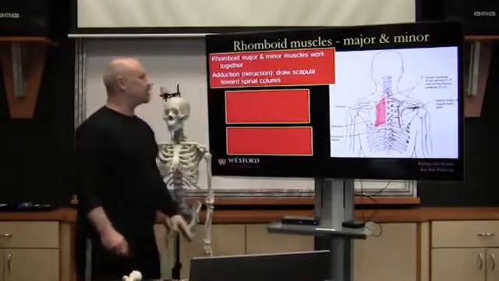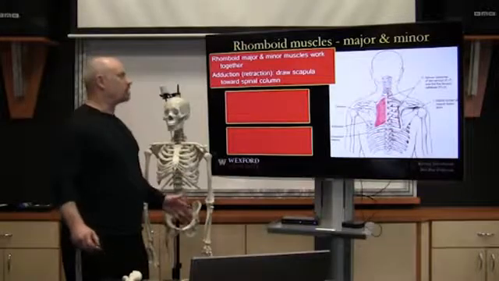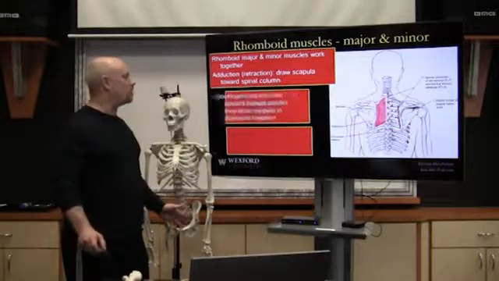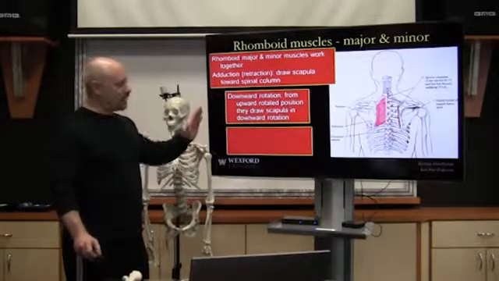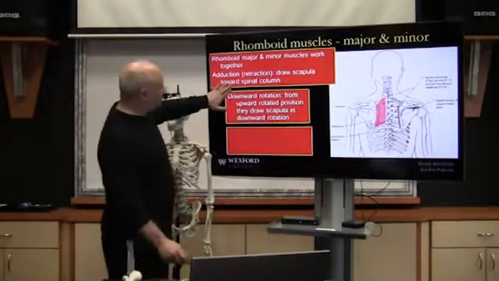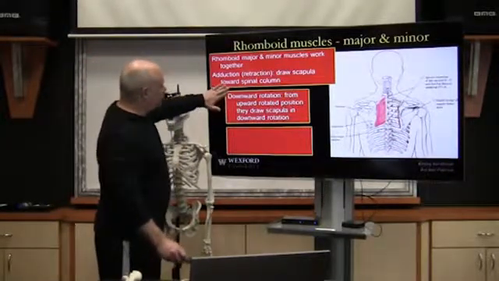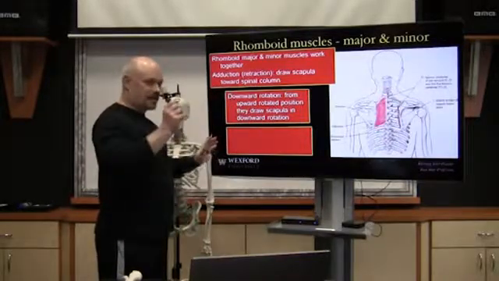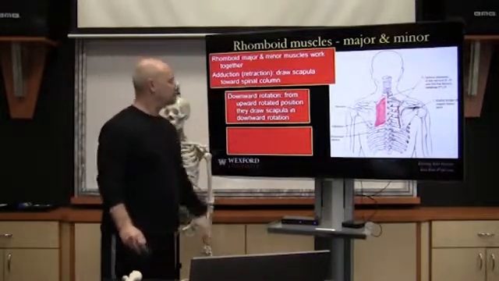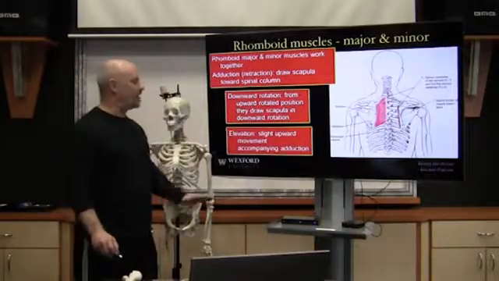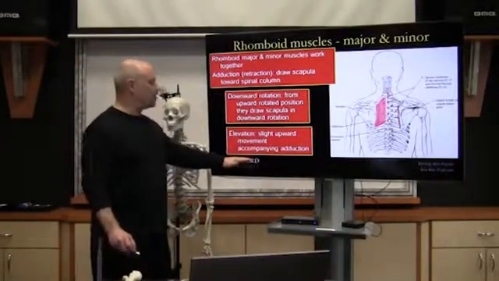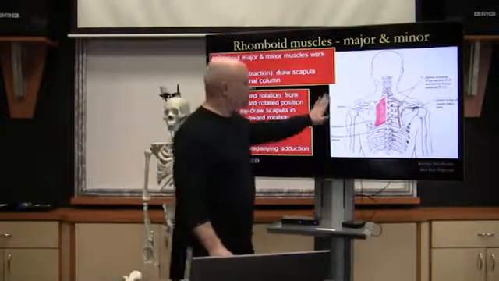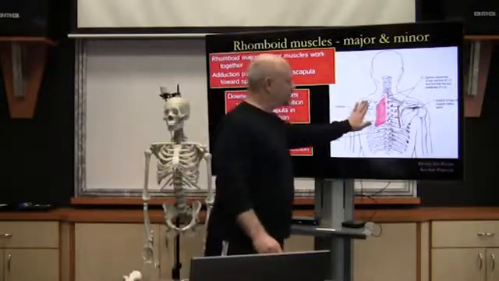They do adduction or retraction and draw the scapula toward the spinal column. They also help in downward rotation, especially when they contract. They also cause elevation because there's slight upward movement accompanying adduction. So they'll do downward rotation and adduct.